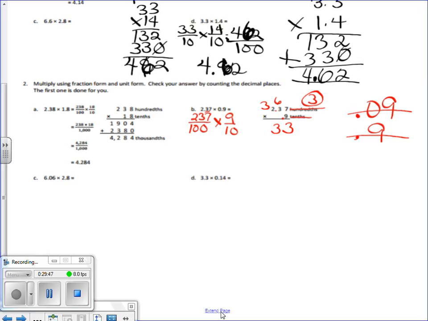Plus 3 is 21. Moving your decimal 3 places. 1, 2, 3. And that's all you've got to do. Plus do your fraction. But I mean, you know that 237 times 9 is 2,133 over 1,000.